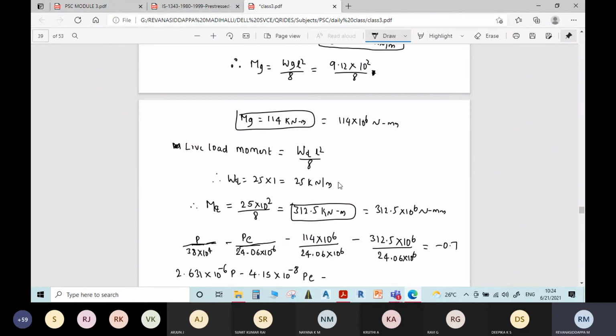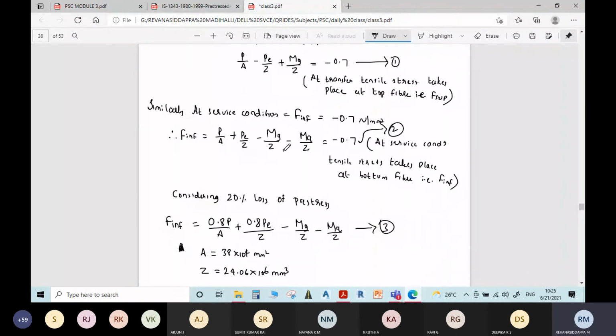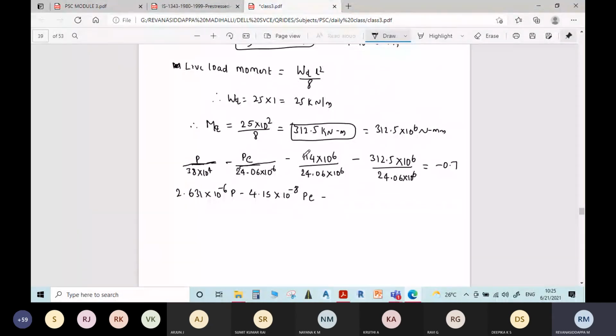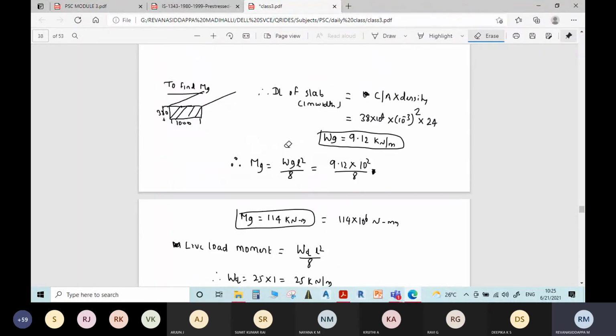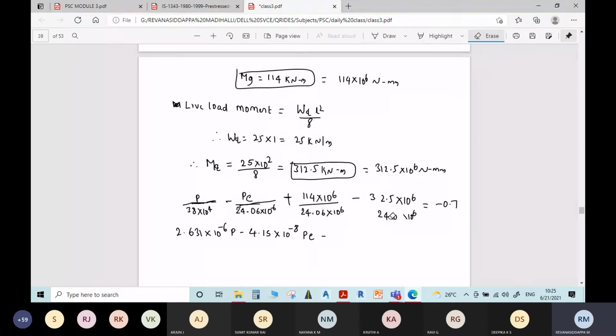4.7, please. Just a minute, something is wrong. Here only mg by Z, right? Plus mg by Z. This is not there. I think I referred to the third equation while entering the values.